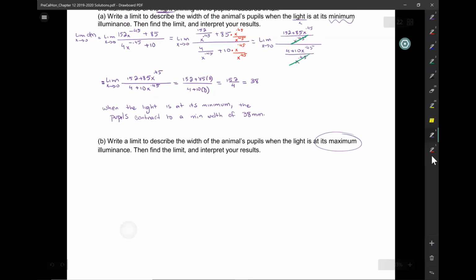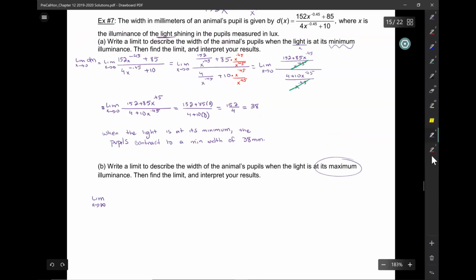So this time I want the limit as x approaches infinity of that god-awful function. But now I simplified this function, right? So I could technically use the function at any step because I've simplified it. So you know what I'm going to do?